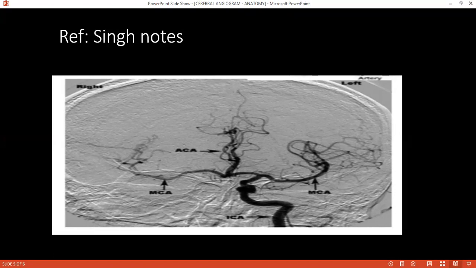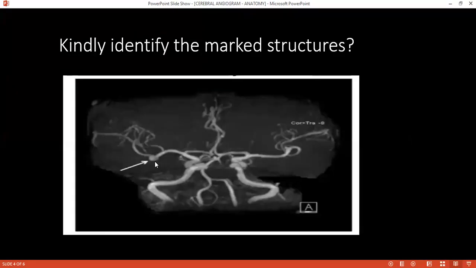If we come back to the previous image, I told you this is the aneurysm. Can you tell me what happens if there is rupture of this aneurysm? Subarachnoid hemorrhage will happen.